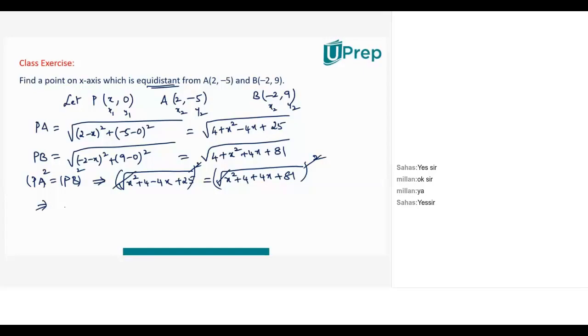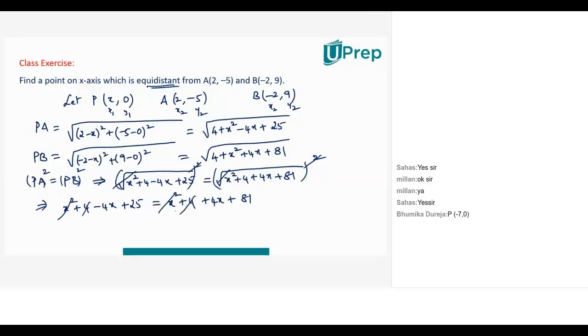Now, how do I remove the square root on both sides? What is the procedure of removing the square root on both sides? Simply cancelling? Yes, sir. PA square and PB square. So I'll square it on both sides.